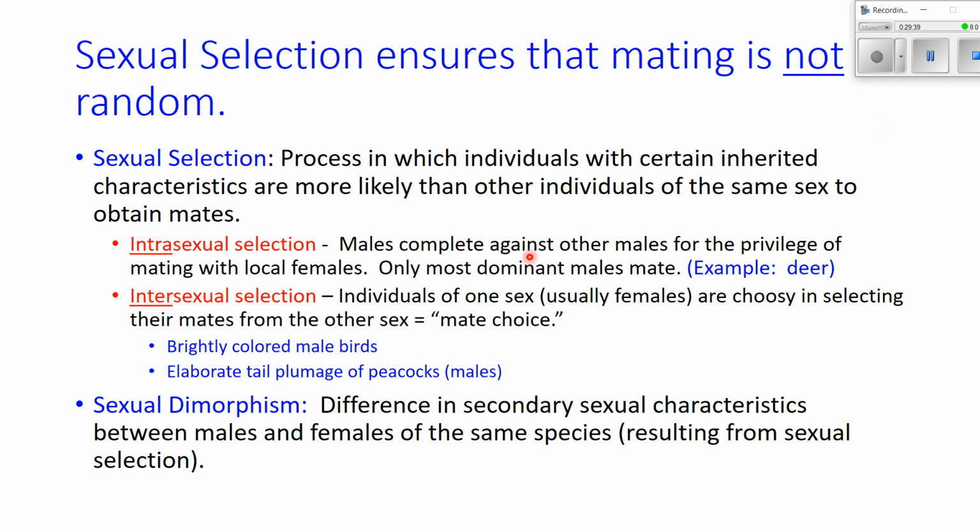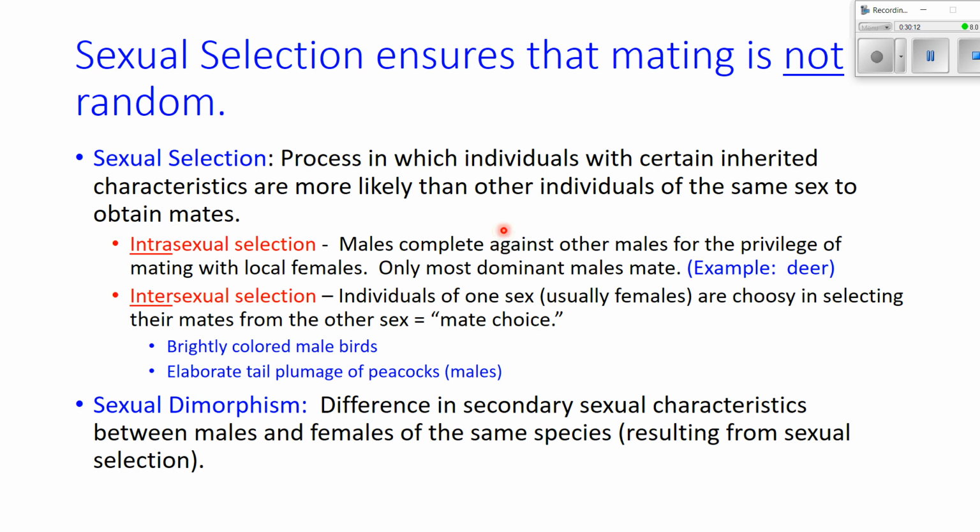This is where males compete against other males for the privilege of mating. So you see this with deer. The bucks use their big antlers to kind of lock with each other and wrestle and sort of demonstrate who's the most dominant male, and the winner gets the privilege of mating, and the one that's less dominant either has to go off and find some other group of females to mate with, or he just doesn't get to mate, right?